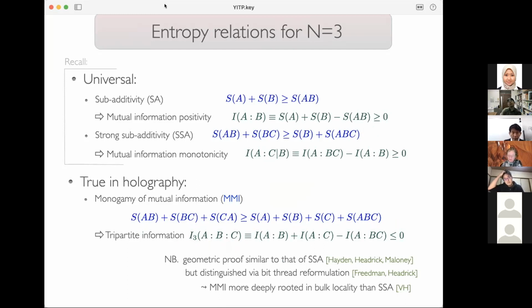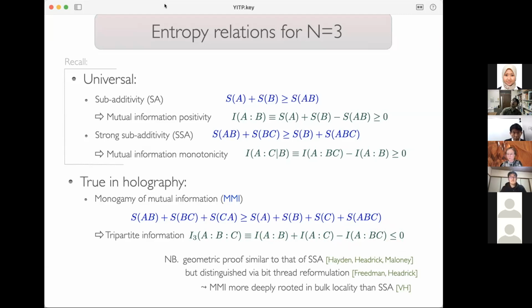What it really is is monogamy of mutual information, in the sense that if you look at the amount of correlation between, let's say, A and the combined system B and C, then by monogamy of entanglement, the correlation between just A and C cannot be recycled by the correlation between A and B, and therefore this quantity has to be larger than the sum of these quantities. That's the intuition behind it.